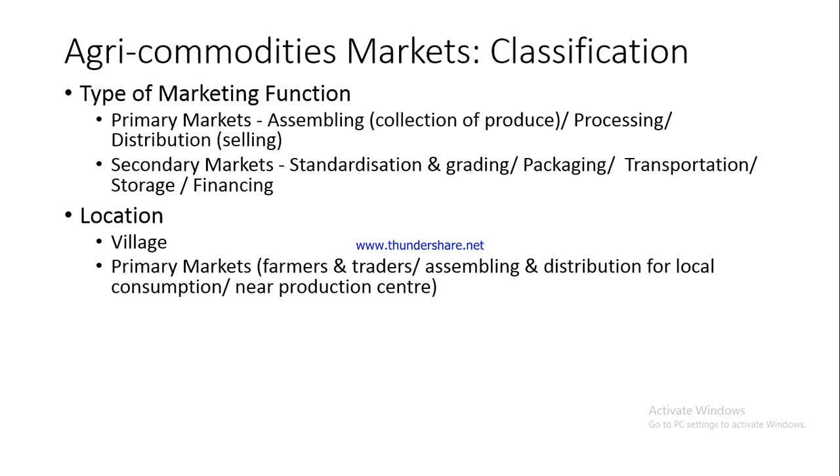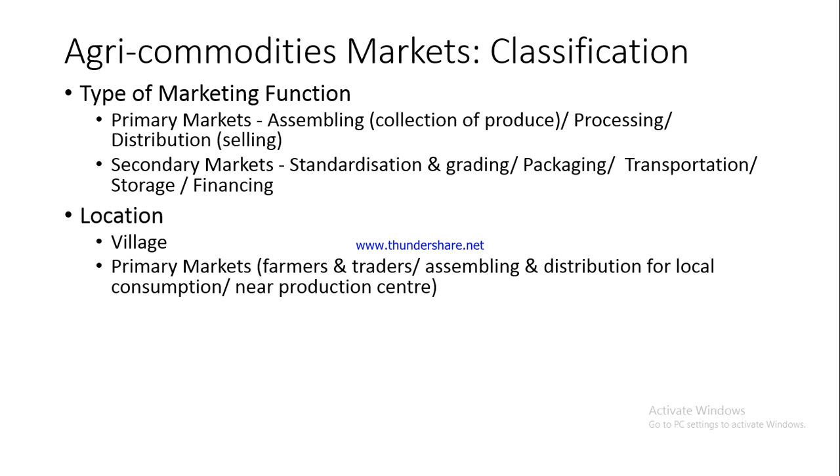Again, as I said, the transactions would mostly be between the farmers who would be selling their produce and the traders who would be buying the produce. Then we have got assembling and distribution for local consumption. So assembling would be taking place, and you have a look at what we had discussed when we were talking about the marketing functions. There also we had discussed this assembling and distribution for local consumption.